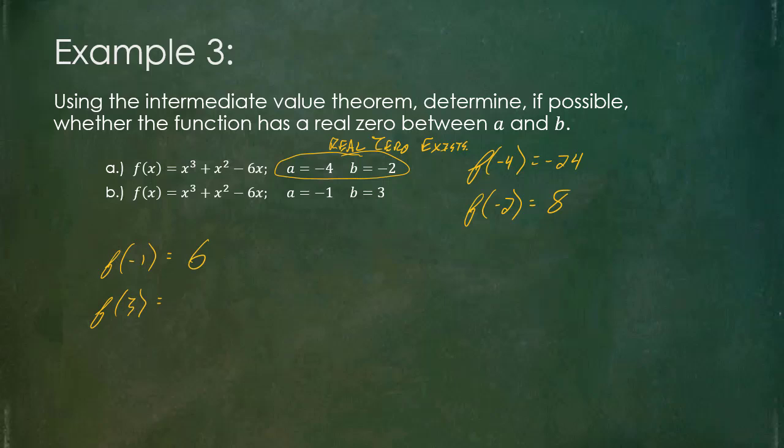That would leave me with 18. Both of those came back as positive results, so in between these two values, there is no guaranteed real zero.